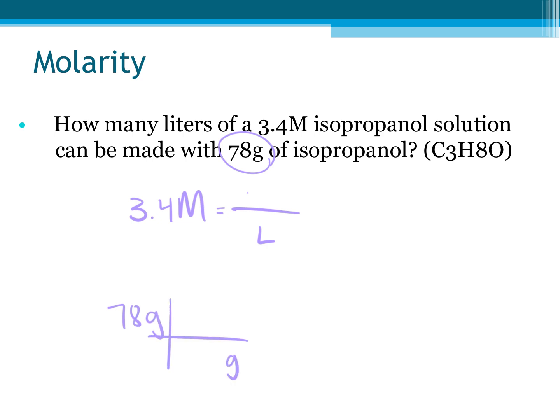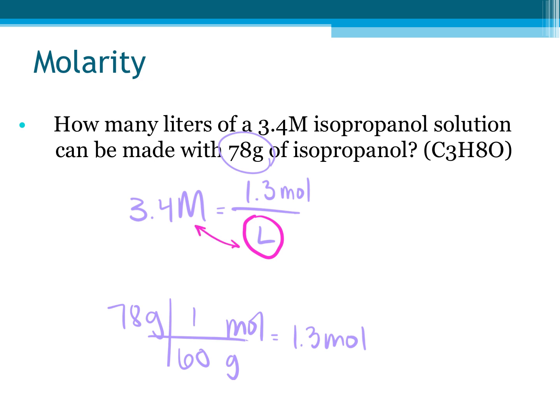78 grams, C3H8O. Do you remember our shortcut here? Just divide 1.3 over 3.4.